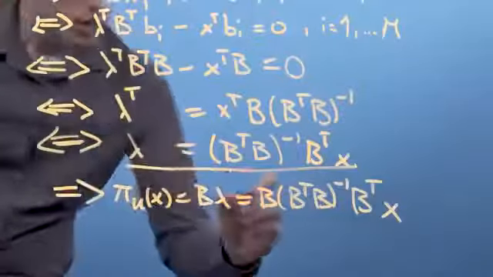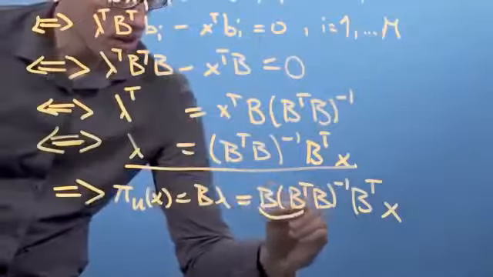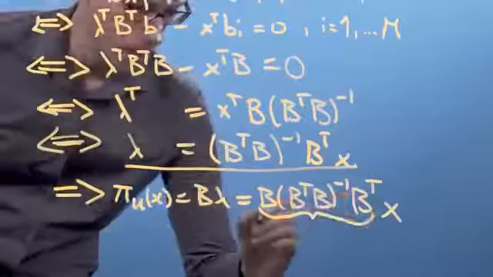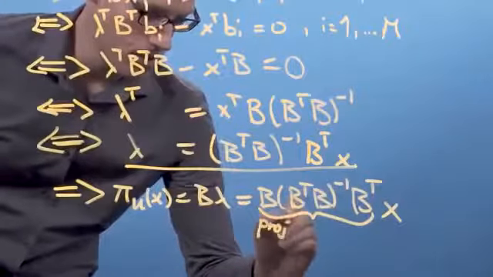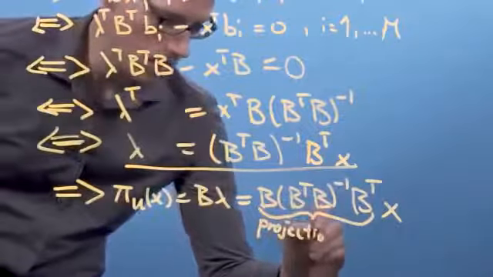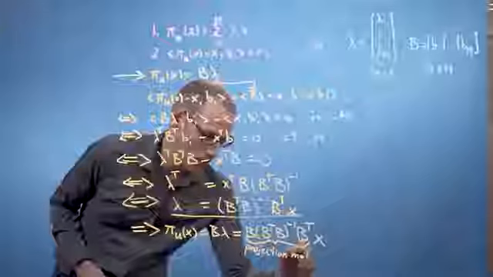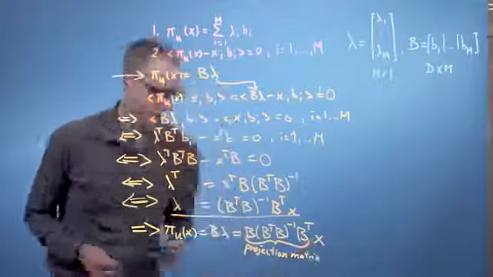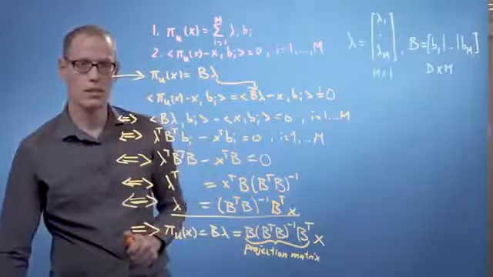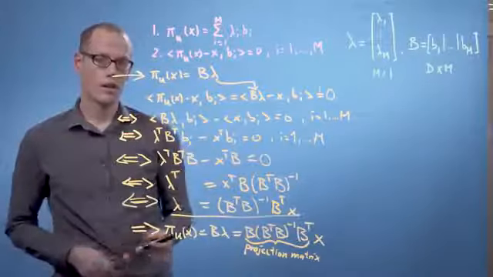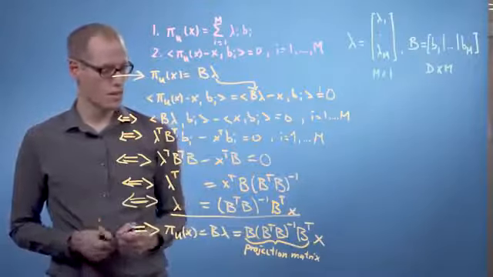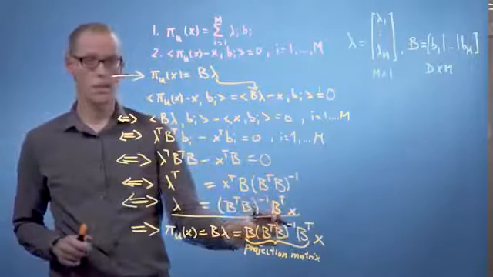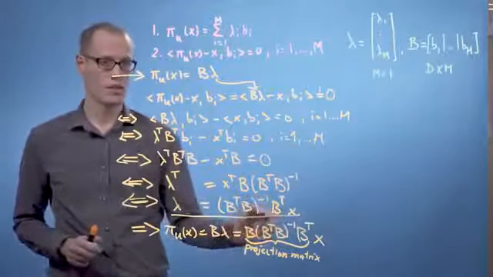We can now identify this expression as the projection matrix, similar to the one-dimensional case. And in the special case of an orthonormal basis, B transpose times B is the identity matrix.